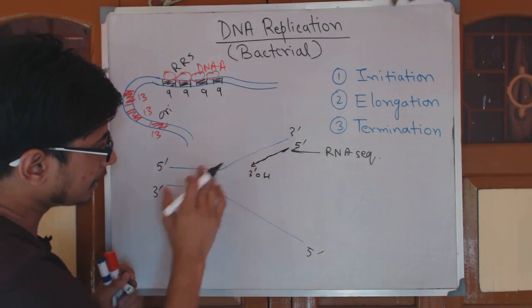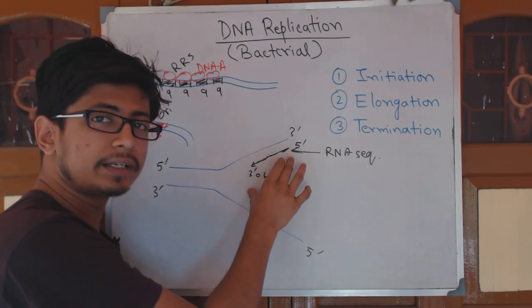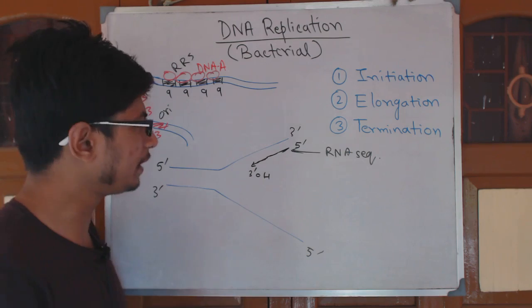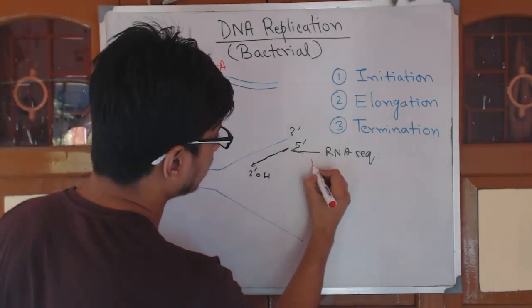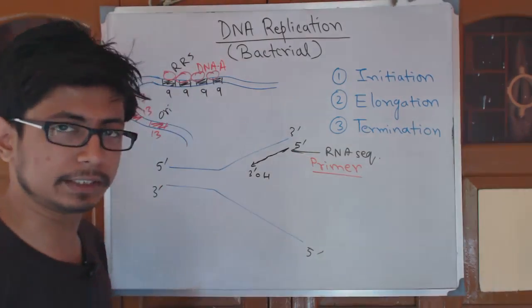Now this is the condition. In this condition, this stretch of ribonucleotide sequences, 5 to 10 or 15 nucleotides long, is known as a primer, an RNA primer in this case.